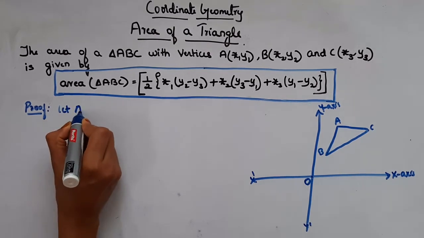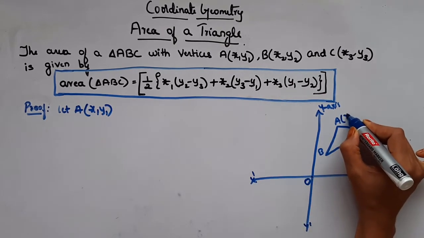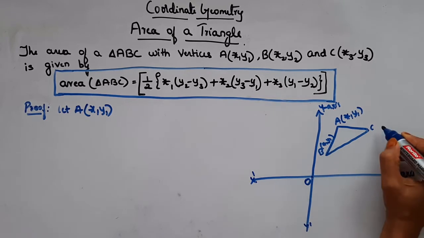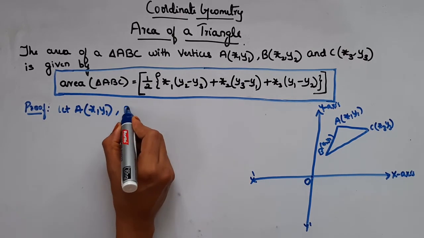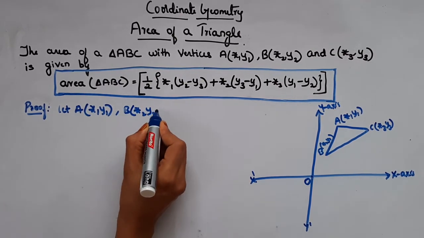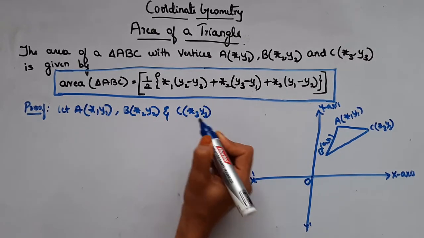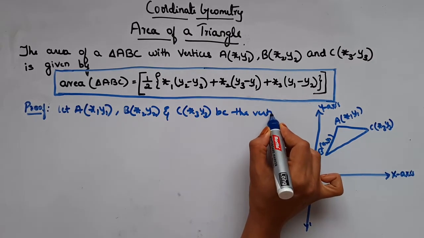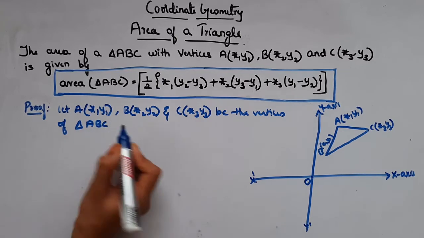Let A(x1, y1), that is, this point is (x1, y1) and this is your (x2, y2) and point C is (x3, y3). Alright. Let A(x1, y1), B(x2, y2) and C(x3, y3) be the vertices of triangle ABC.